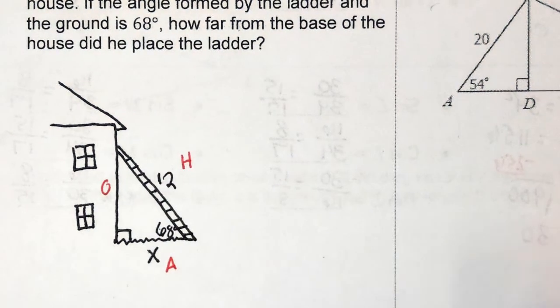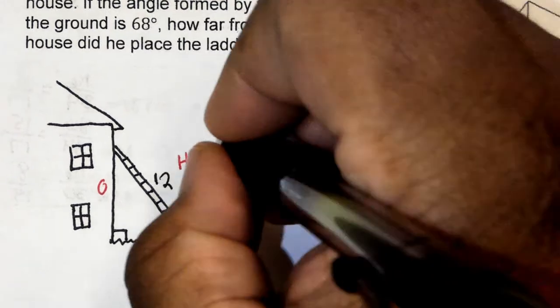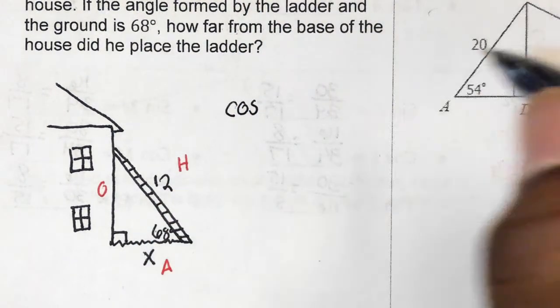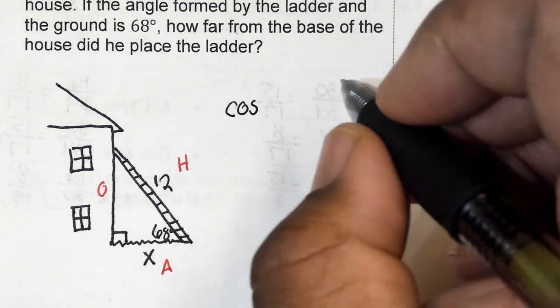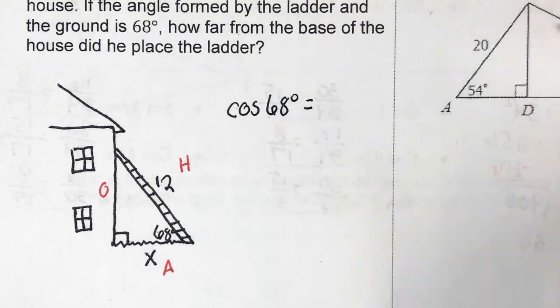Grace, based on the way you just labeled this with me, which trig function would you use to solve for x? Cosine. Good choice. Cosine of what degrees, Grace? 68. 68 degrees equals what over what?